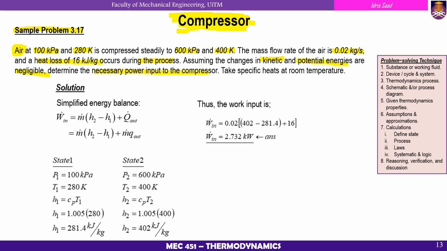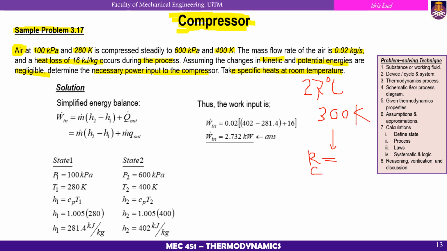It says that we have to take the specific heat at room temperature. What it means is, to simplify the problem, we use 27 degree Celsius, which is equal to 300 Kelvin. From this, when we refer to our property table, we can determine the value of R, equal to 0.287 kilojoule per kilogram Kelvin.